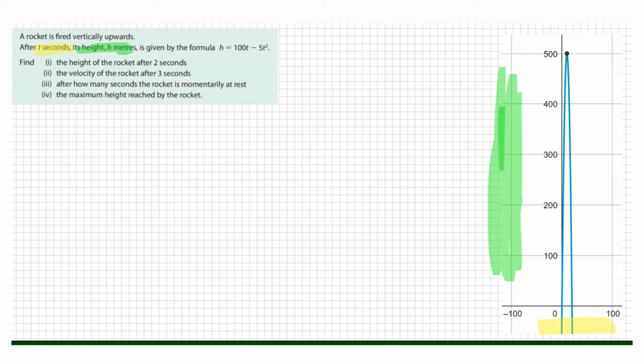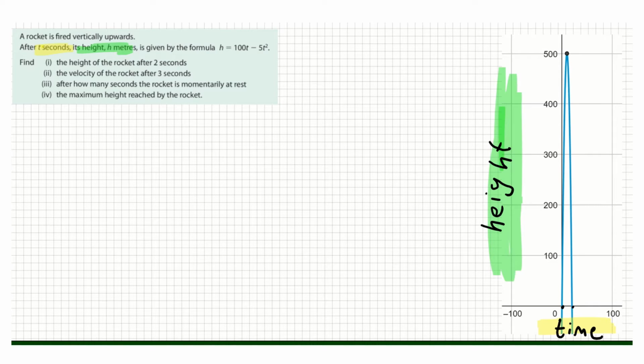So I'm just going to write that in here. Time, you can see it starts at 0, and height. So we can see that this rocket is fired into the air. It reaches a height of 500 meters and it drops. And I know from making that graph that the whole process took 20 seconds.